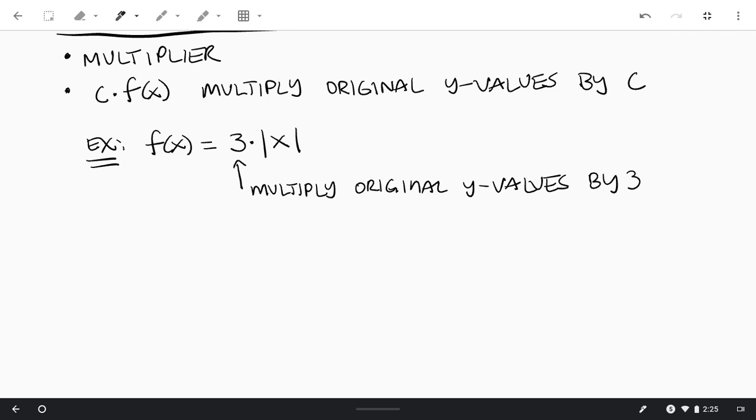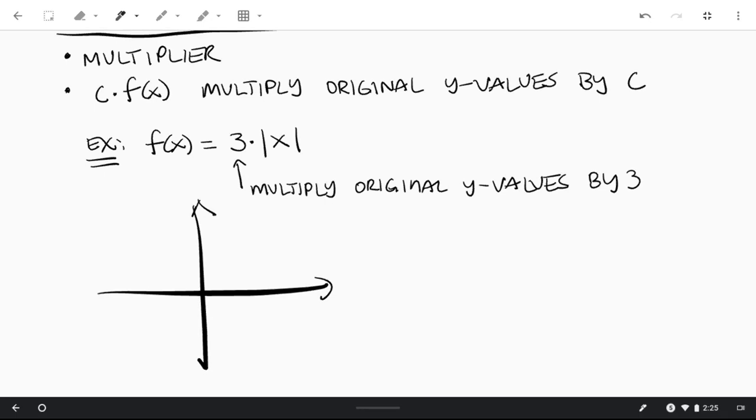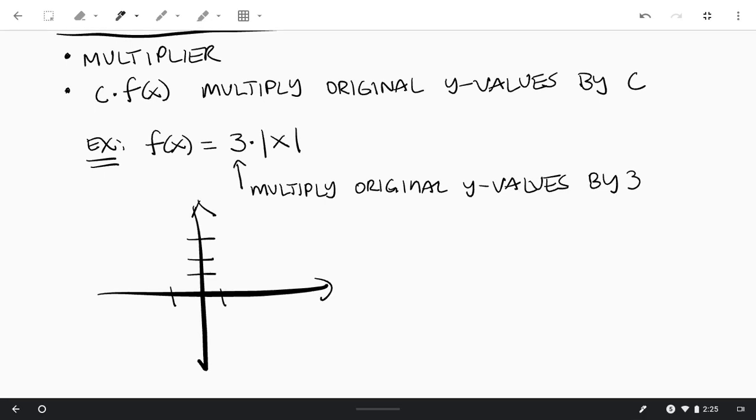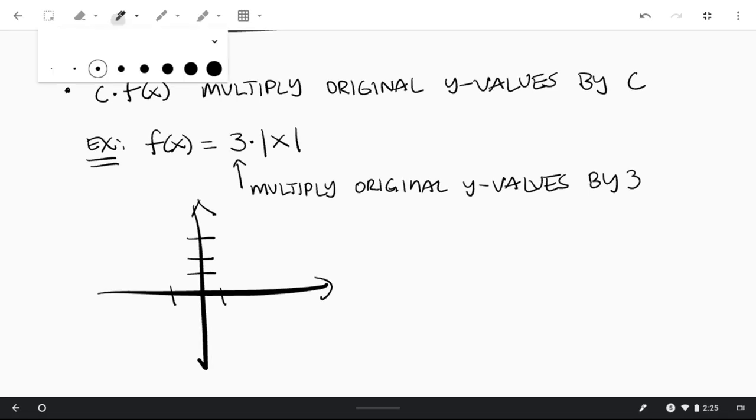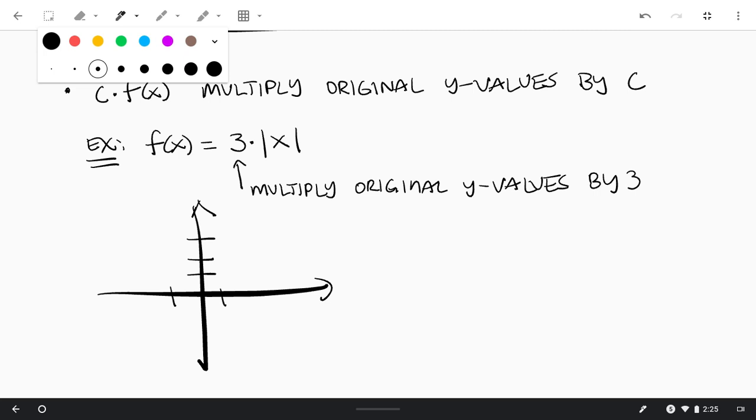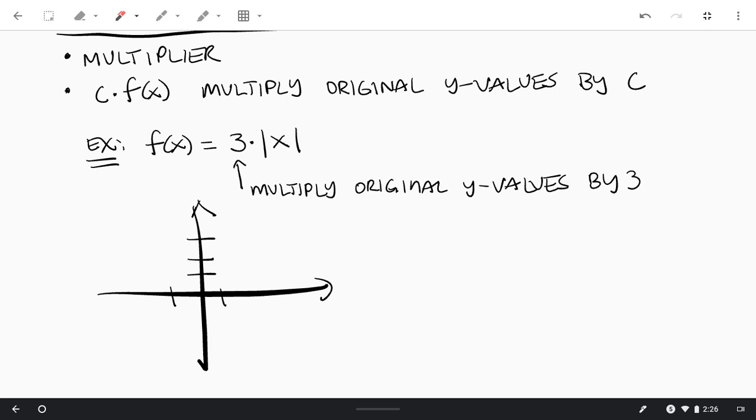Let's go ahead and take a look at the original graph. I will do it in red. The original graph is this V graph for absolute value. We have points at (0, 0), (1, 1), and (-1, 1).